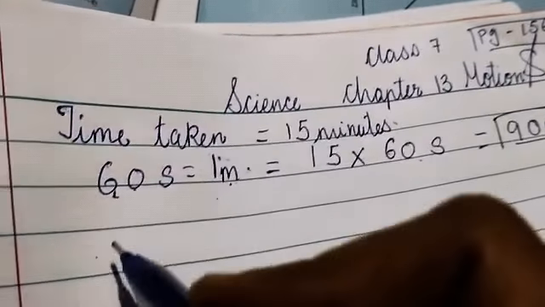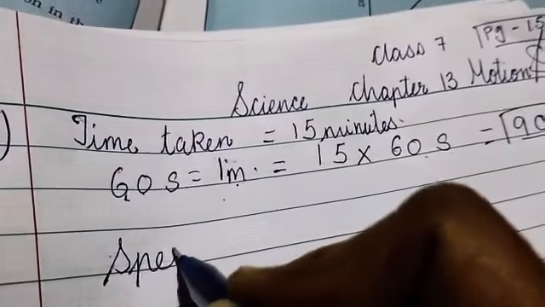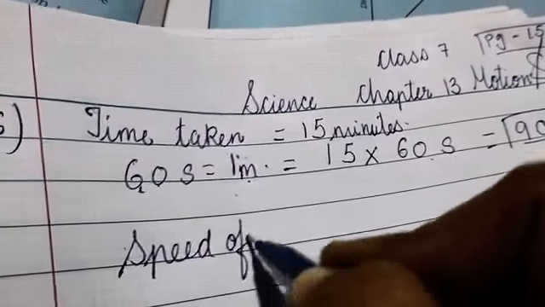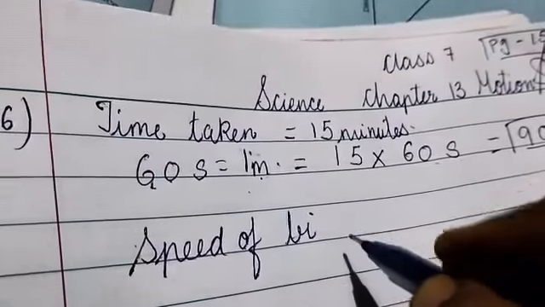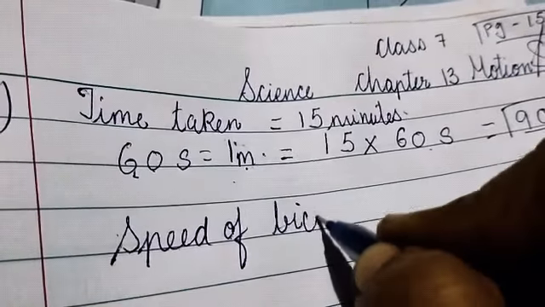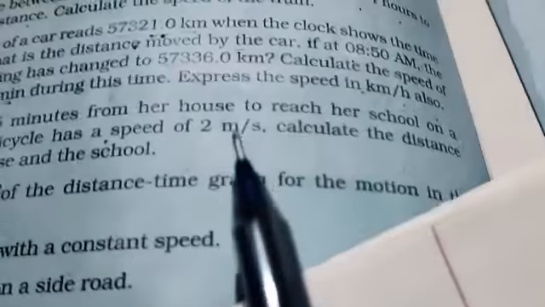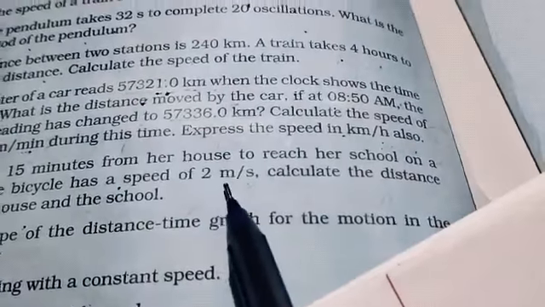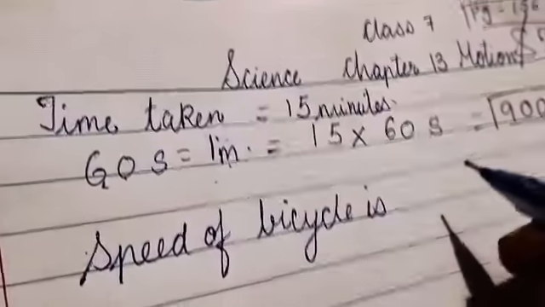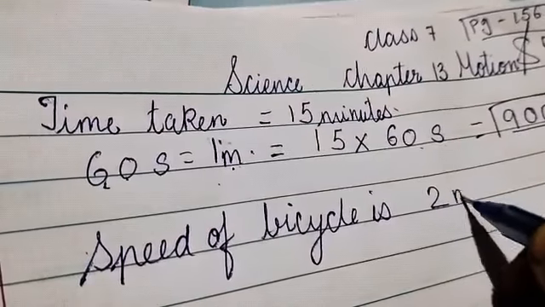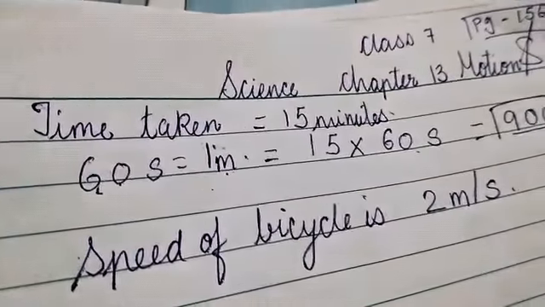Now what is the speed of the bicycle? We know that the speed of the bicycle is 2 minutes per second. So we will write 2 minutes per second. Right?